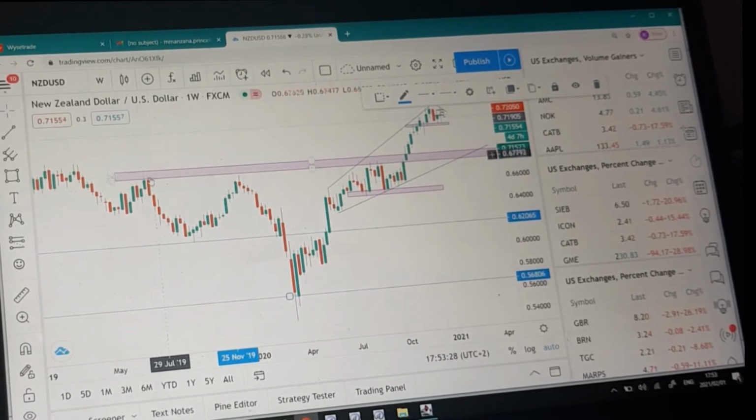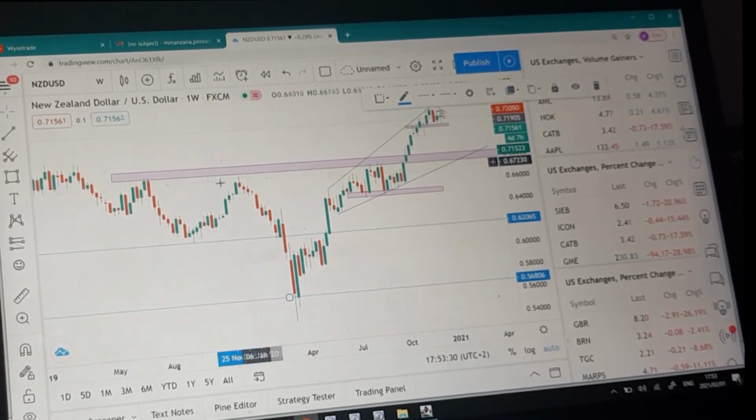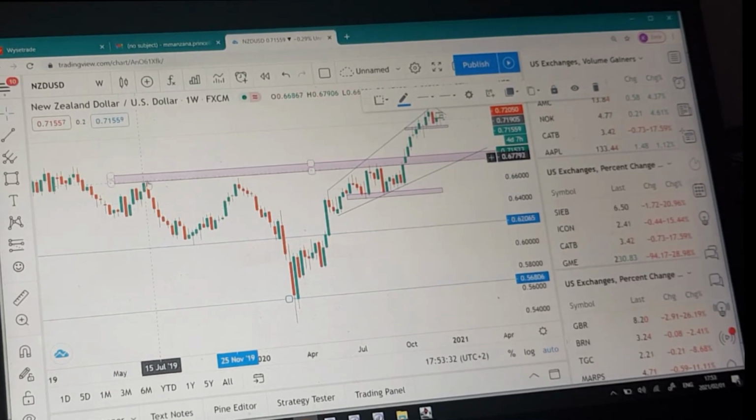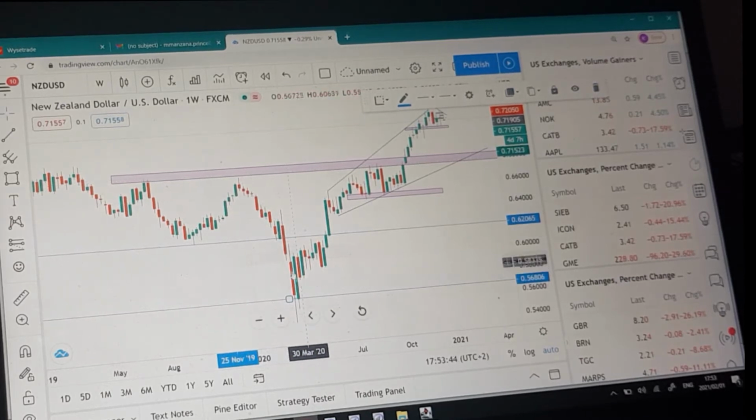I saw that the market was respecting this area because it touched this area, and then there was a pullback, and then it touched this one, and then there was a run. It touched this area, which was the double touch, and then it went down drastically and broke this previous support to form a new support.